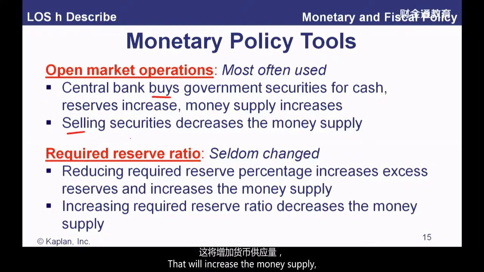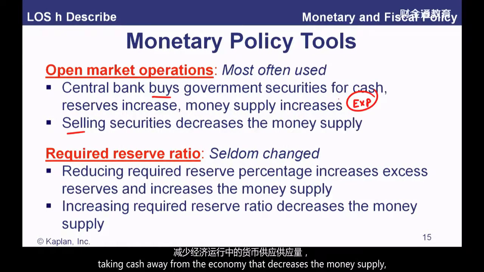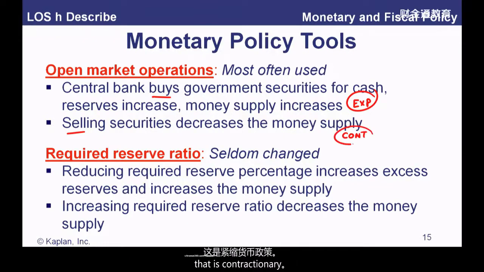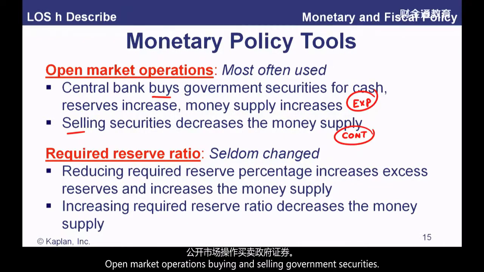That will increase the money supply. That is expansionary. Selling securities, that's giving pieces of paper back, taking cash away from the economy. That's decreasing the money supply. That is contractionary. Open market operations, buying and selling government securities.